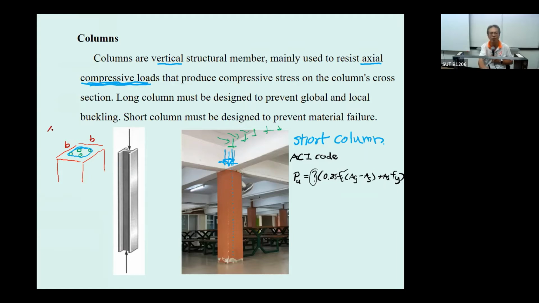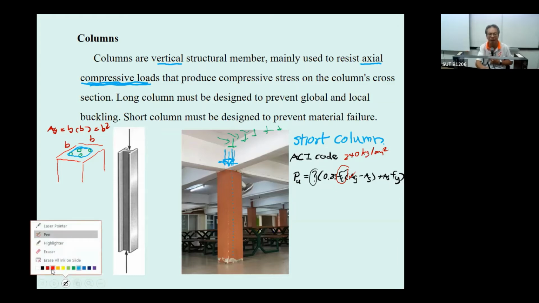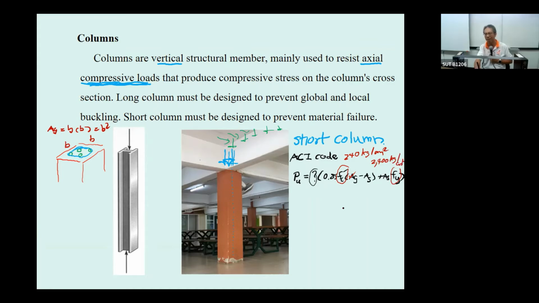So you can compute Ag equal to, for example, b squared. So this one you know. And the strength of the concrete, for example, you may use 240 kilogram per square centimeter. This is also known. If you specify the steel from the material testing, you may say we use fy with the yielding of 2,400 kilogram per square centimeter.